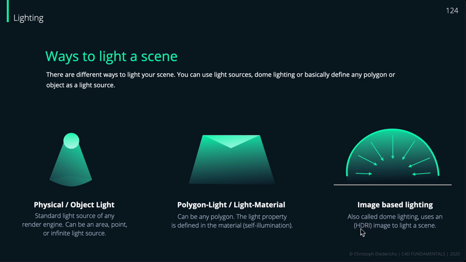But it basically just means it's an image with a higher dynamic range, so with more brightness information in it, and we usually use this kind of high resolution, high bit depth images to light our scenes. And of course you can also use a combination of all of those different things.